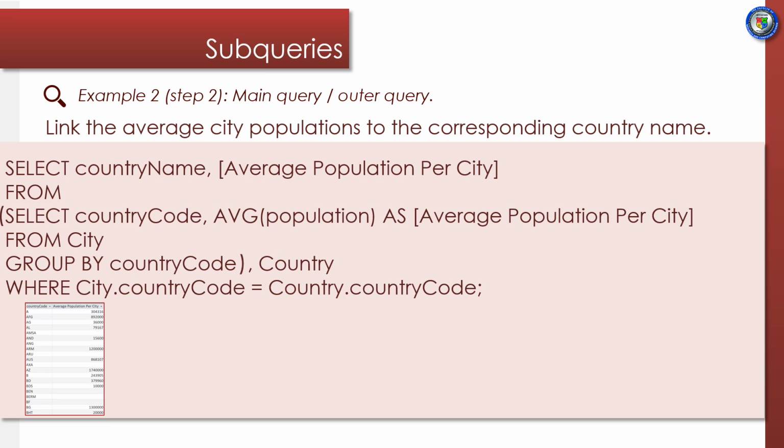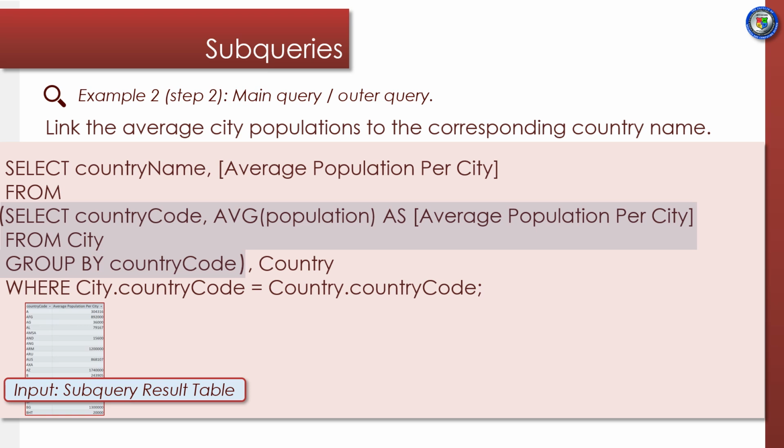Now our main query will take the subquery as an input, the results table there, as we can see. Select country code, average population as average population per city from city, and group by country code.